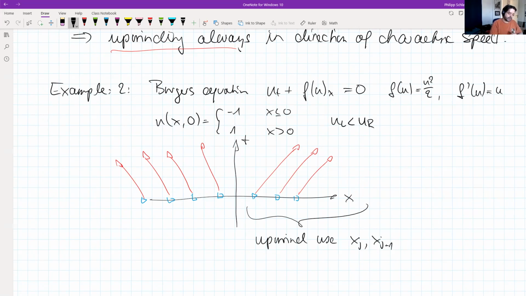So that means on this side, my discretization would be something like that: u_j^{n+1} is u_j^n minus a delta t divided by delta x times (u_j^n minus u_{j-1}^n). Actually, I can use an a here if I want to do it like that.